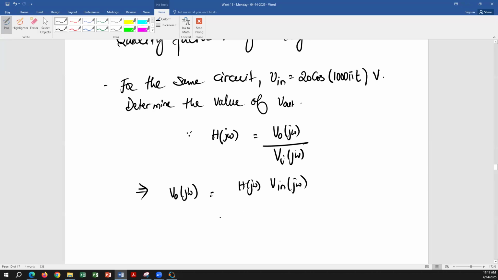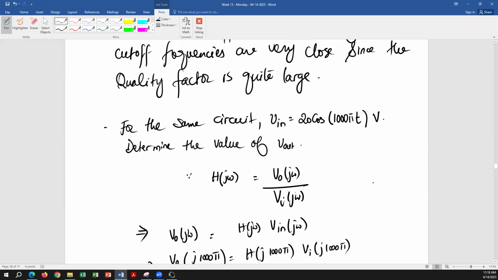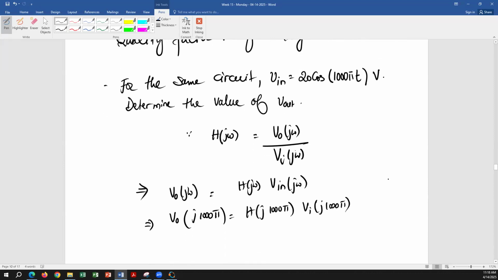to calculate the output. This implies V out j 1000 pi is equal to H of j 1000 pi times V input j 1000 pi. Remember, input in this case is 20 angle 0, or simply 20. We have to find the value of H, and that will give you the output.